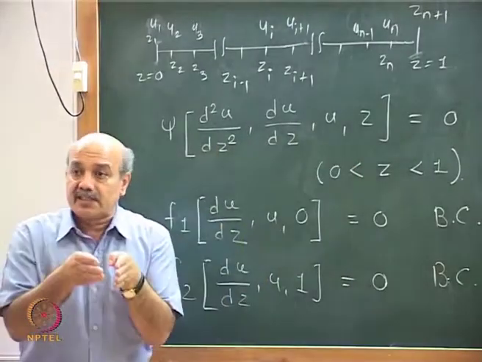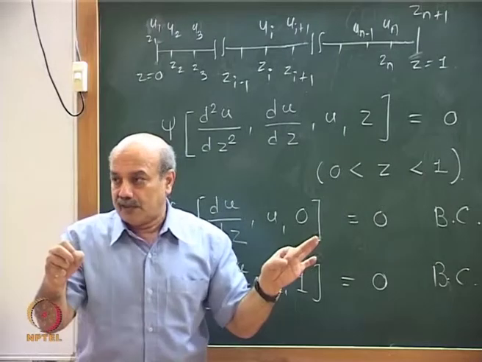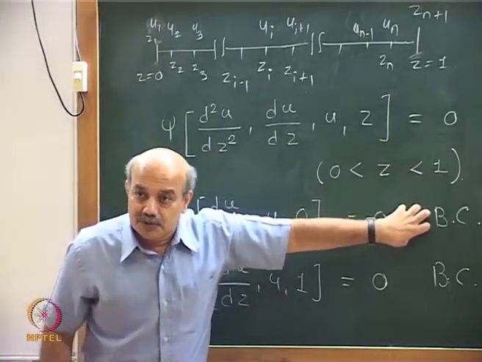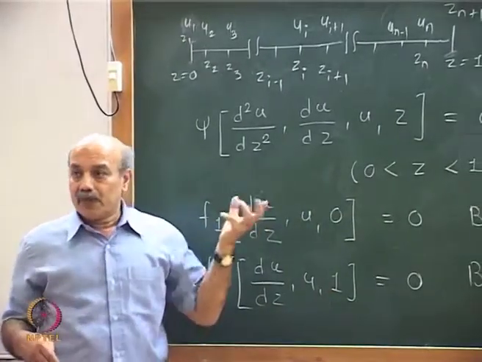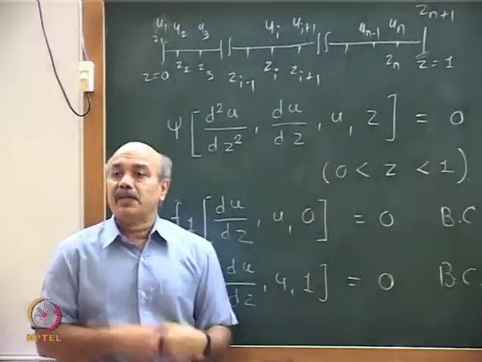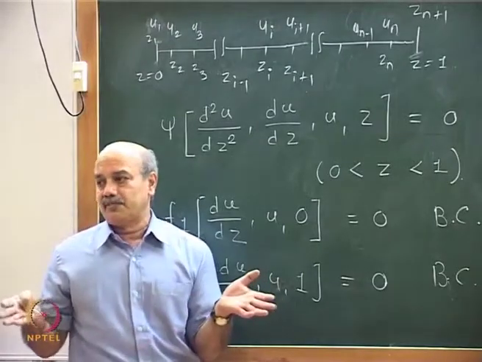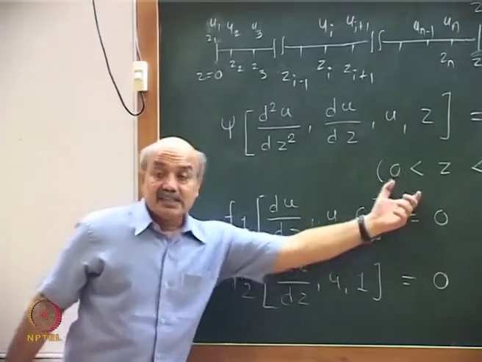So this is discretization. Actually we are looking at only a finite number of points where the equation should hold, while the original equation should hold everywhere. Because of this approximation, this ordinary differential equation will get transformed into a set of nonlinear or linear algebraic equations. This should hold inside the domain.